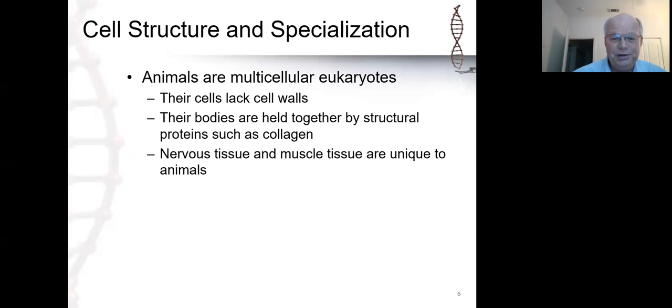And then we have two tissues that are very much uniquely animals, and that is nerve tissue and muscle tissue, which go a long way to defining what an animal is. And in fact, it's the presence of nerve tissue and muscle tissue that establishes the common origin of animals as a group. A little bit more of that to come shortly.